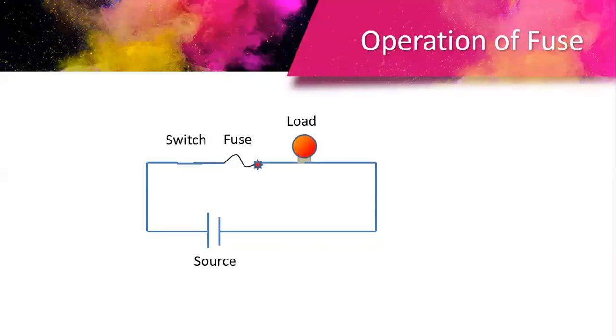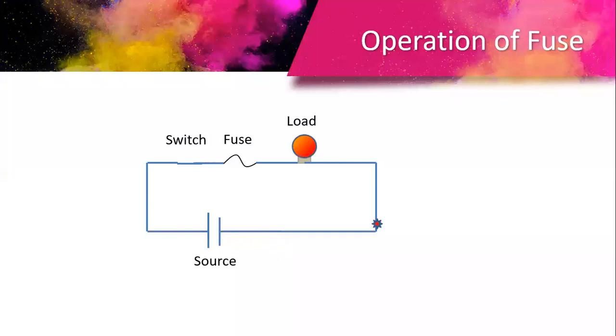Now in this case, under normal condition, the fuse is allowing the normal current without heating to any high temperature. Whenever the current passes through the fuse element, it has some resistance, and the current tries to produce heat energy. That heat energy may not melt the material under normal condition.